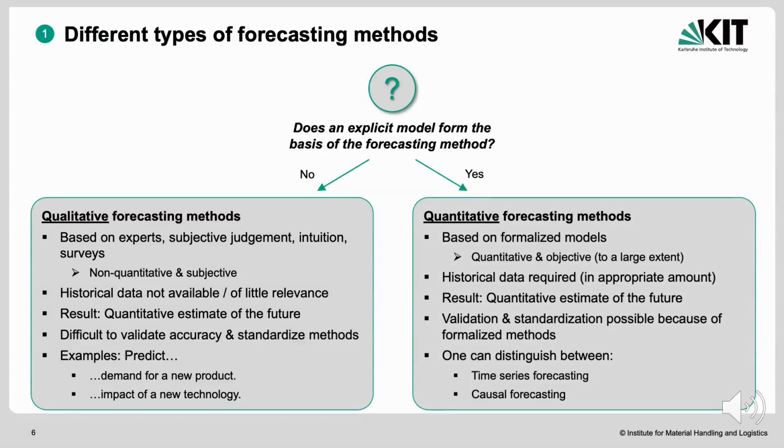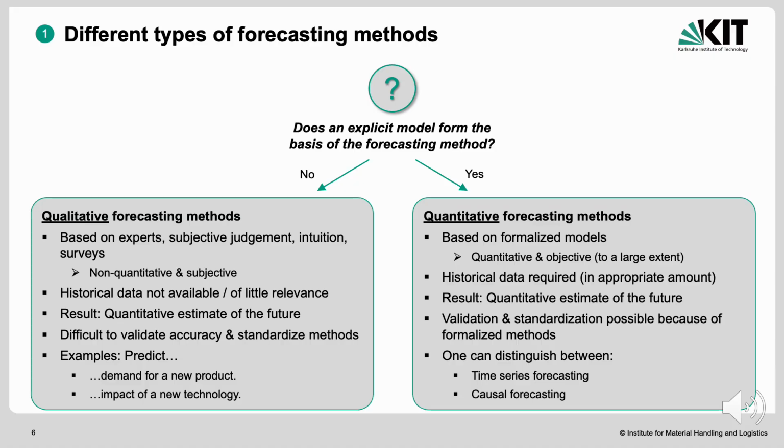So if we want to do quantitative forecasting, which we need because supply chain management and logistics is all about facts and figures, we need formalized models. And we'll be discussing quantitative and objective models to a large extent. In order to do that, you probably need historical data in a reasonable amount.